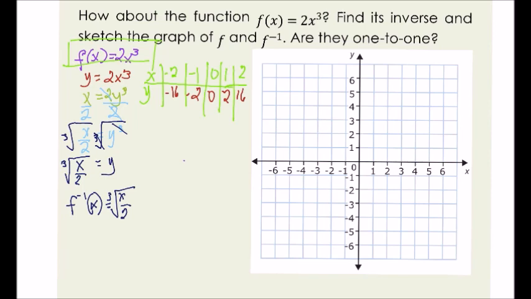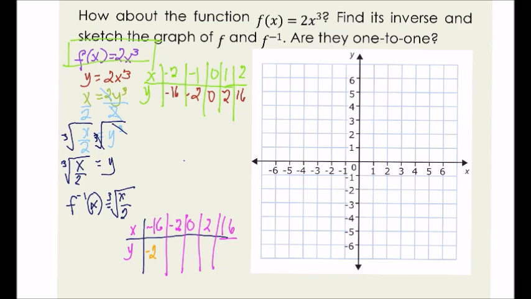Next, let's confirm that the inverse we solved for is correct. The range values of f of x, negative 16 and so on, will now become the x values of the inverse. So negative 16 divided by 2 is negative 8, and the cube root is negative 2.